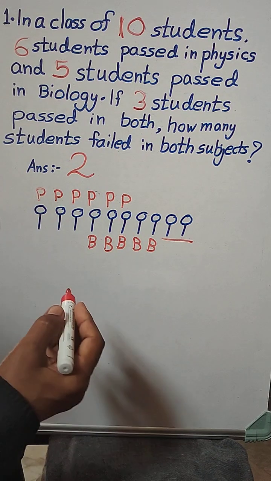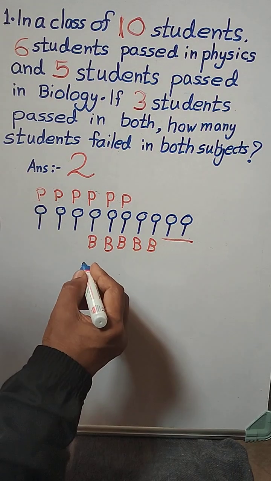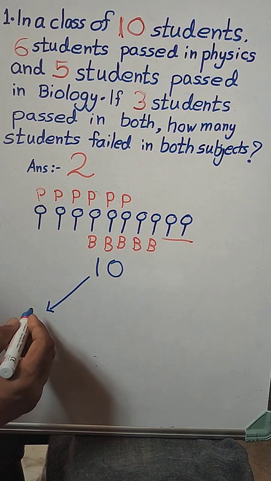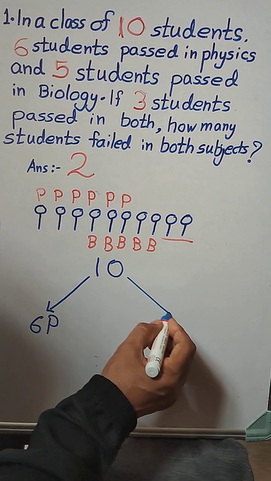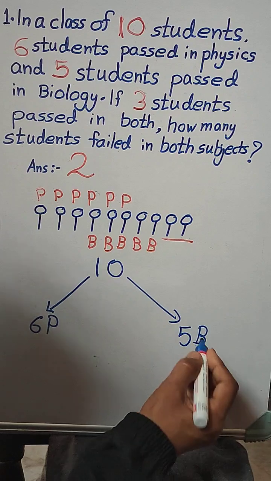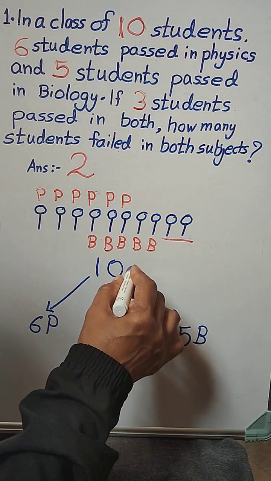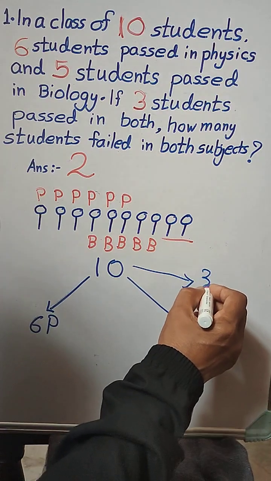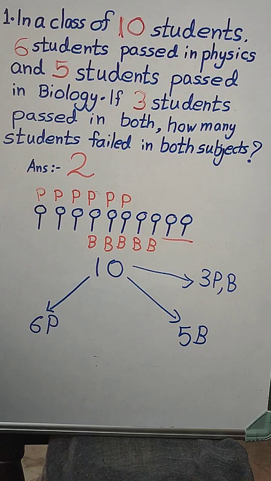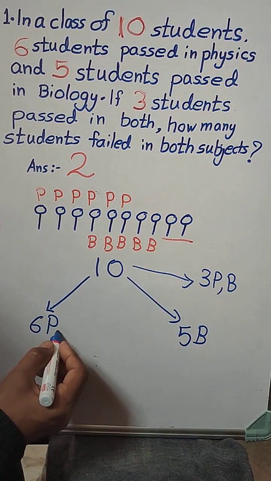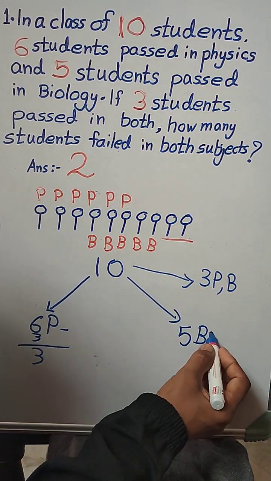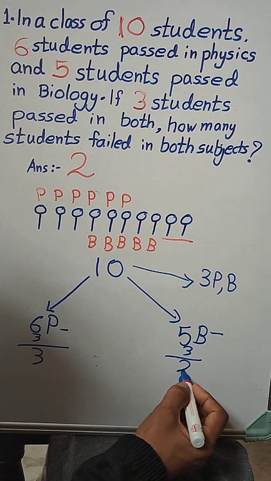Now using the numbers, how can we find it? There are 10 students. 6 students passed in physics, 5 students passed in biology, and 3 students passed in both the subjects, physics and biology. Now 6 minus 3 is 3, 5 minus 3 is 2.